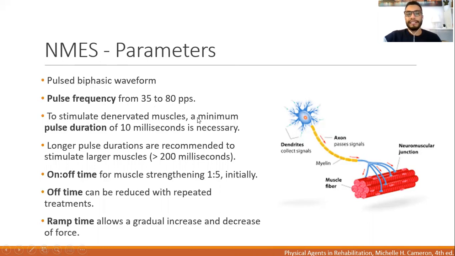But again, the evidence here is not so strong about stimulation of the innervated muscles. We have longer pulse durations recommended to stimulate larger muscles, so more than 200 milliseconds.